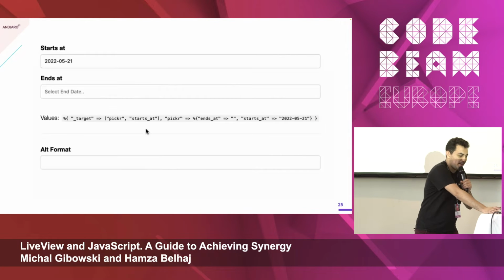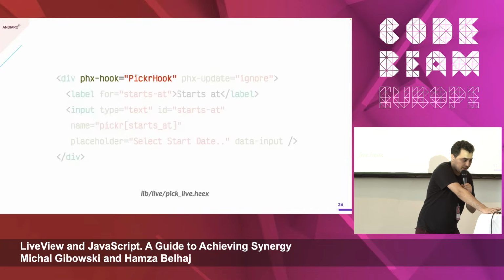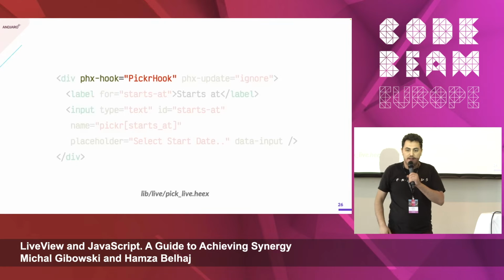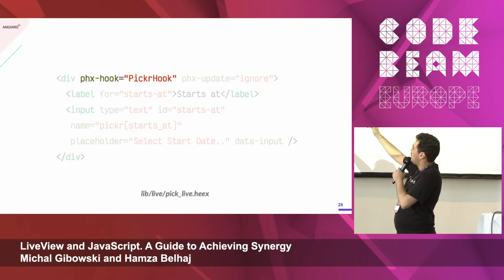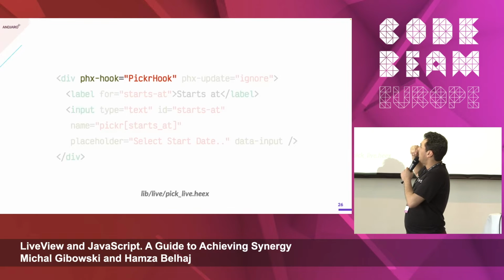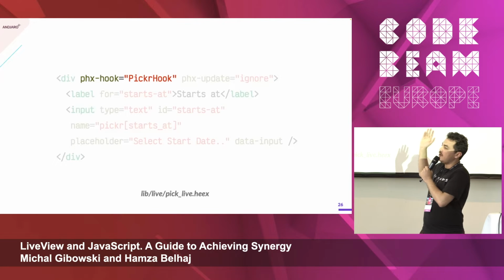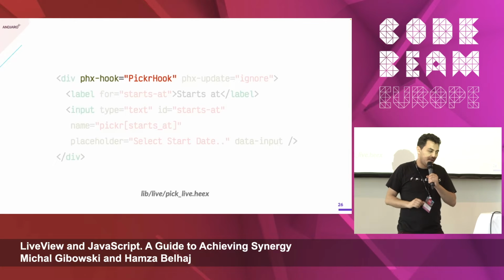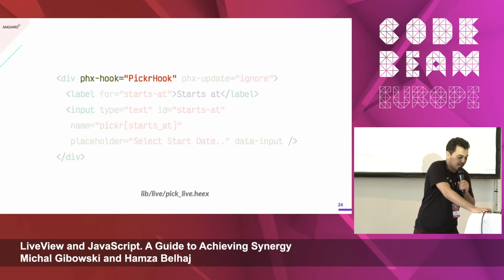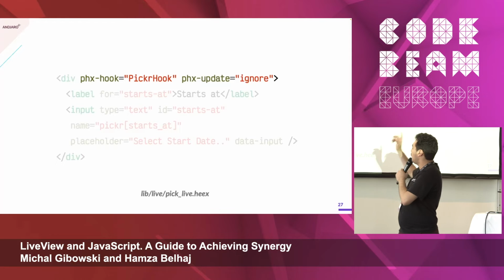Now let's see exactly how this happened in the code. Basically here, we have our template. In the template, we define this attribute, which is phx-hook. We point it to a picker hook object, which will be a JavaScript object. And the second most important part in here is this phx-update ignore.